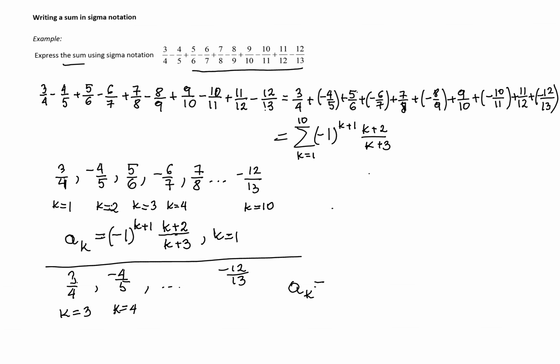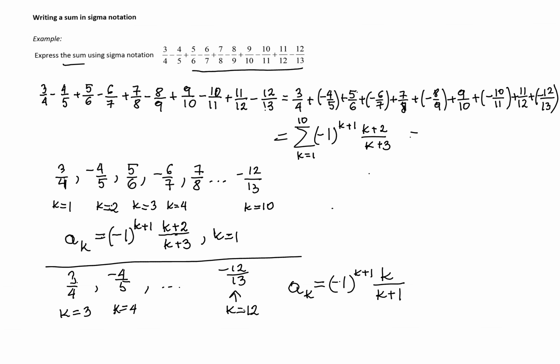The a sub k here would be negative 1 to the power k plus 1. This will not change, but the numerator now is going to be k, and the denominator is going to be k plus 1. And we'll start that sequence at k equal 3, and this one will end when k is equal 12.